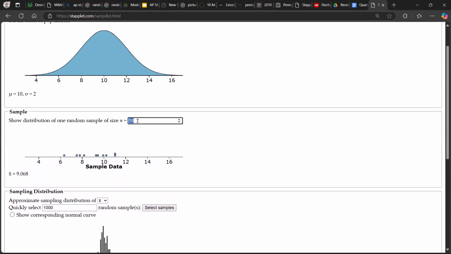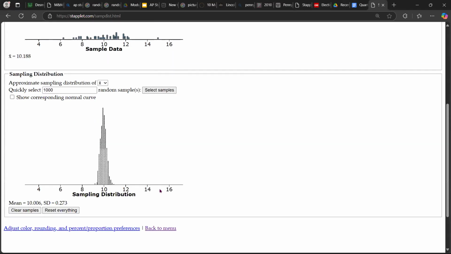And if I make that sample size 50, it got even skinnier. So the higher your sample size is, the more precise it's going to be, the more it's going to truly estimate what the true parameter is. So it's going to be more precise, less spread out in this case.